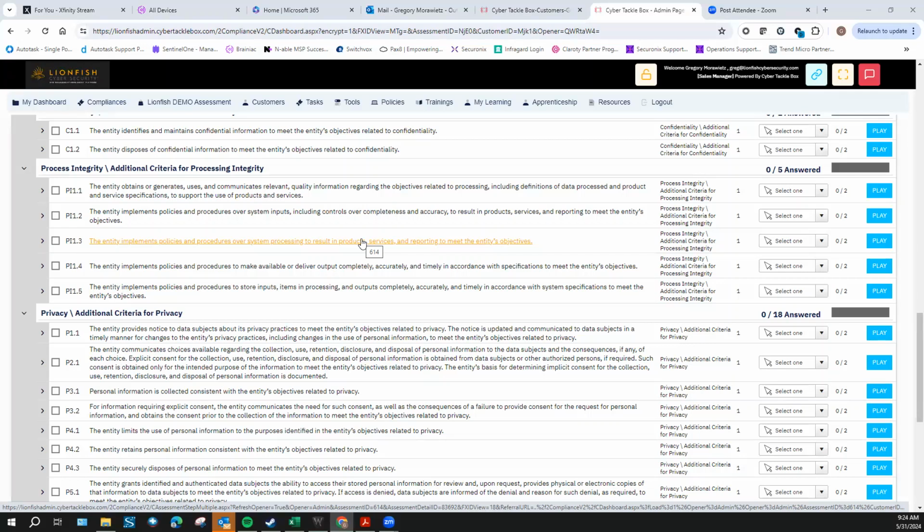So level one might be information that's public. Level two might be internal information. Level three might be confidential data, and level four might be even higher, or secret, like company IP.